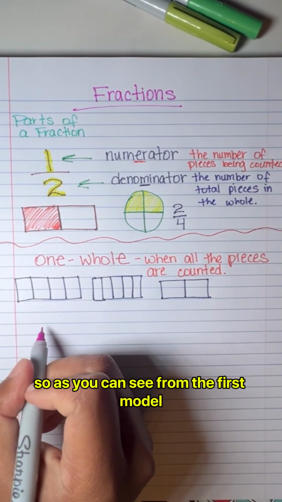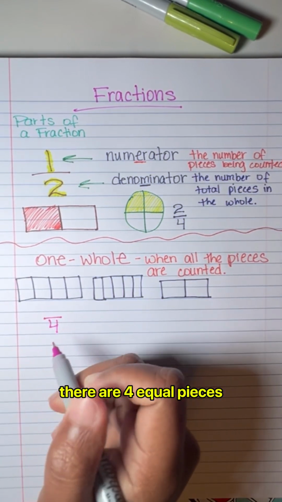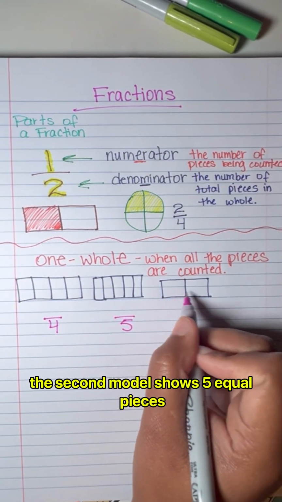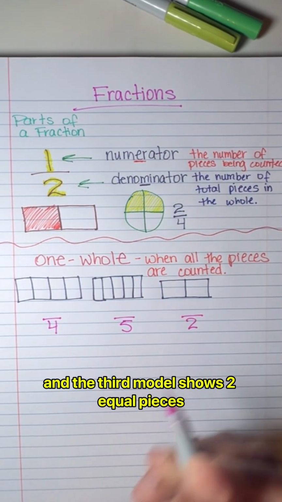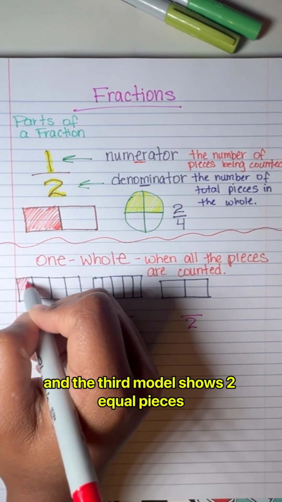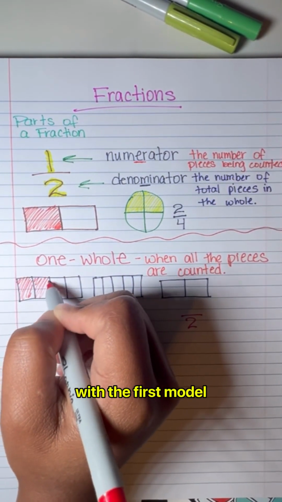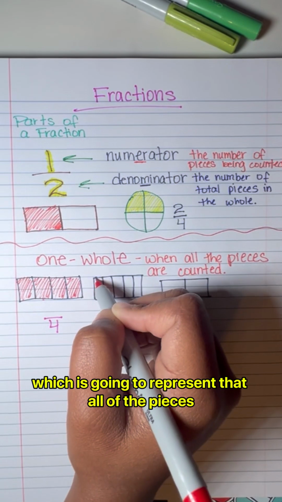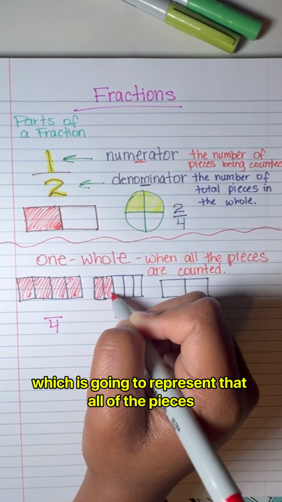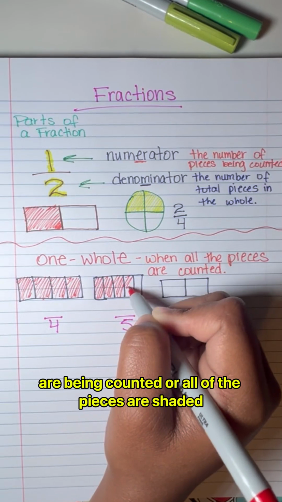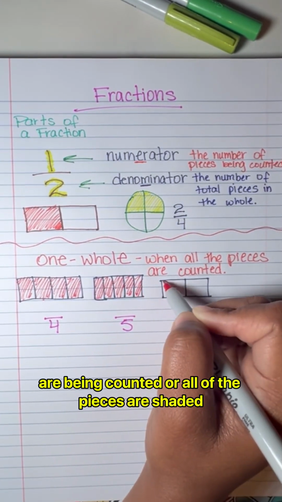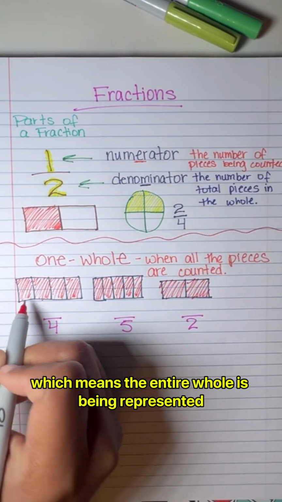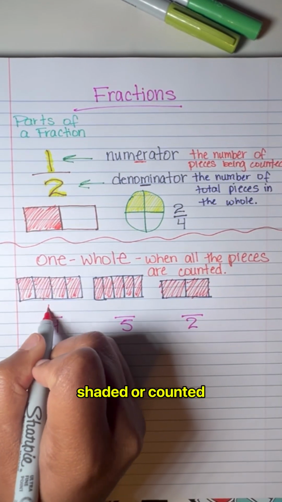So as you can see from the first model, there are 4 equal pieces. The second model shows 5 equal pieces, and the third model shows 2 equal pieces. With the first model, I'm going to shade all of the pieces, which is going to represent that all of the pieces are being counted or all of the pieces are shaded, which means the entire whole is being represented, shaded, or counted.